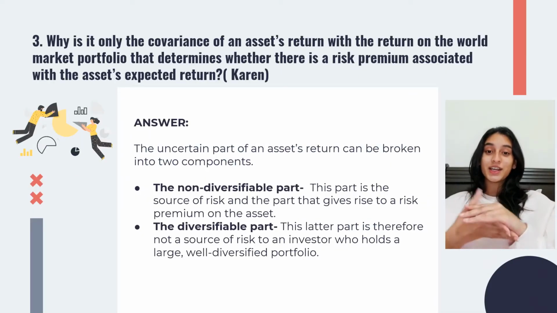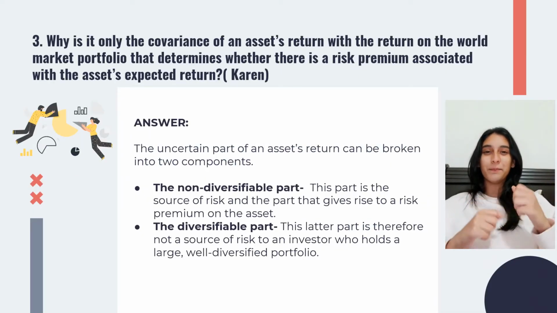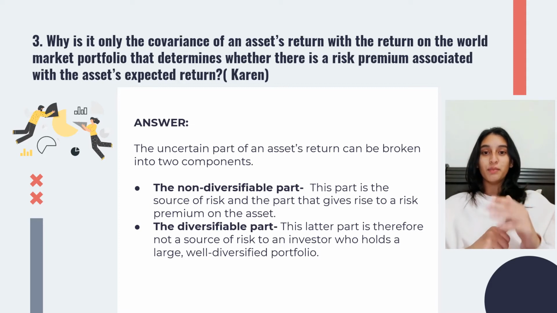In question number three, the unpredictability of an asset's return can be divided into two halves. The correlation of the asset's return with the return on the market portfolio determines the non-diversifiable portion. This section is a source of risk, and it is one of the reasons for the asset's risk premium.